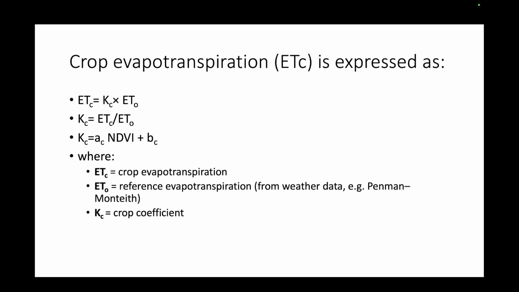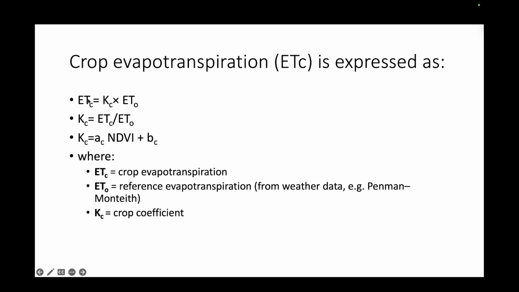And if you check, this is the formula for Kc. Here you can see the first formula: ETc equals Kc multiplied by ET0. Here ETc is the crop evapotranspiration, ET0 is the reference evapotranspiration, and Kc is the crop coefficient.